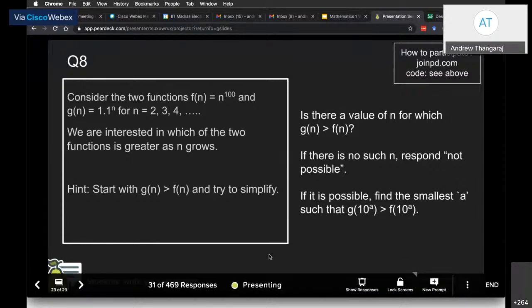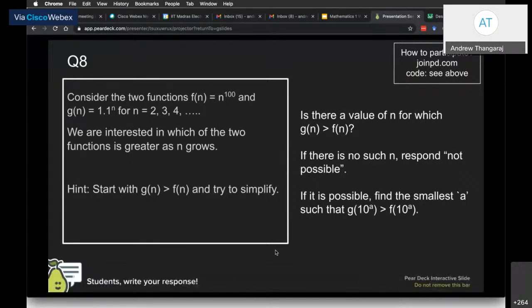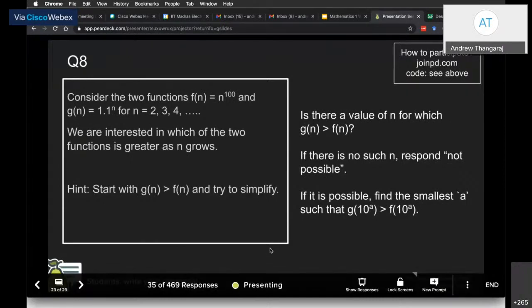This one seems a little bit more complicated. At least the mechanics of it, plugging in, giving you 10 power A, 10 power A. That's the reason why I did that. I think maybe many of you wouldn't know how to manipulate this.